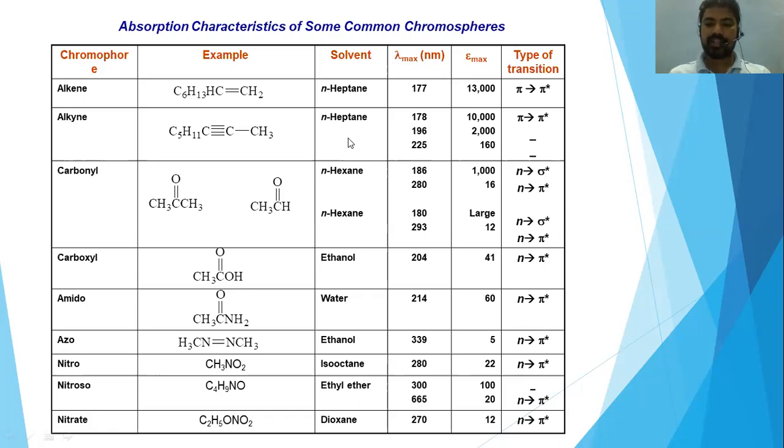That transition is regarding the n to pi star electron transition. That means the electron present in the non-bonding molecular orbital level of oxygen is exciting to the pi star anti-bonding molecular orbital.